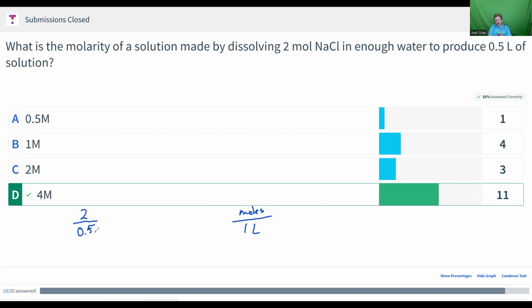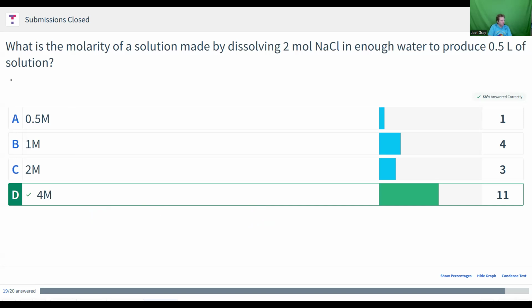How would I get 0.5 to equal 1? I multiply it by 2. So if I multiply the bottom half of this by 2, what should I do to the top half? I should also multiply that by 2, and that's going to give me 4 over 1. That's one way that you can approach this if you don't have a calculator handy.